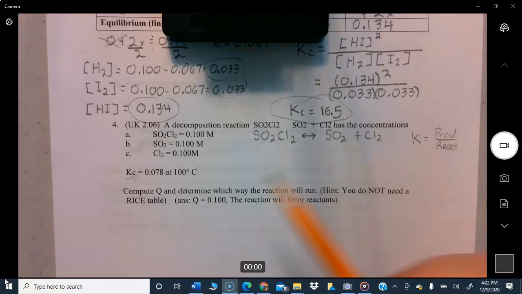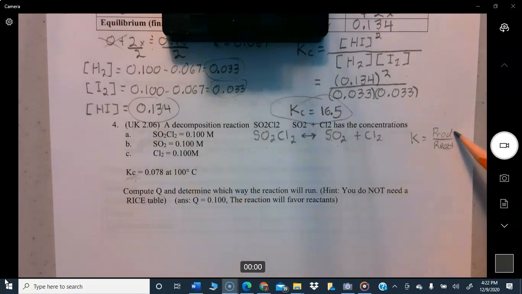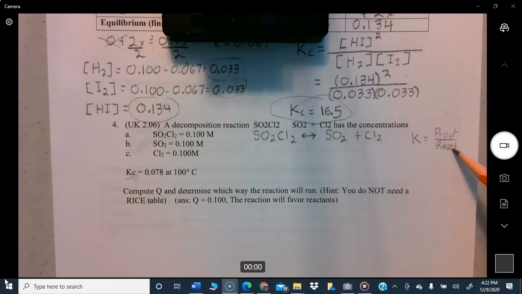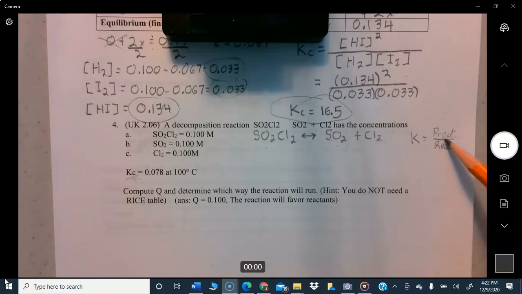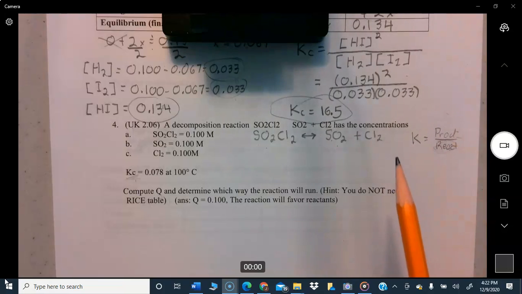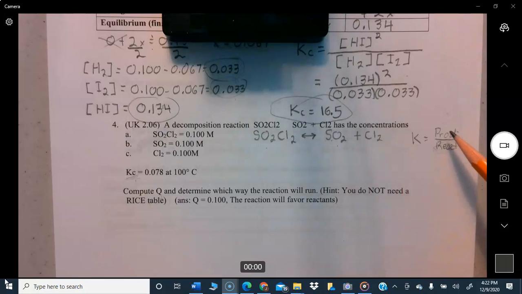So if I put these in and I get a Q value with these concentrations that's greater than K, that means my products are too big for my reactants. I have too much product for the amount of reactant to be at equilibrium. If I get a Q that's less than K, then my reactants would have to be too much. I'd have too much reactant for the amount of product. So what does that mean?